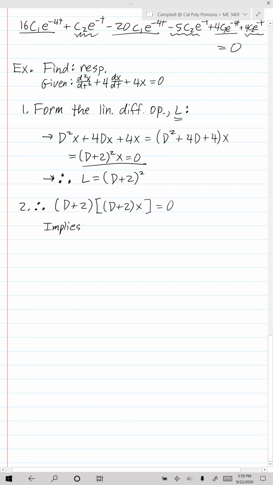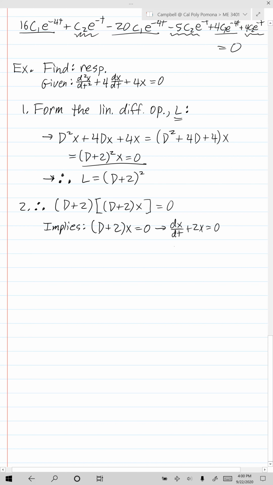So this implies that (D plus 2) times x is equal to 0. And sure enough, we can find where that works out. I won't multiply the differential operator out, I'll just give you the first order differential equation that results.